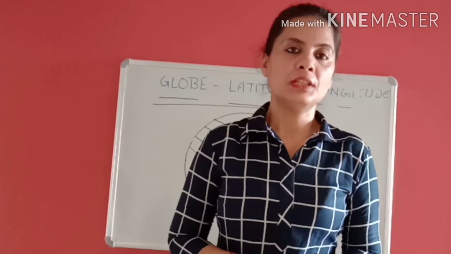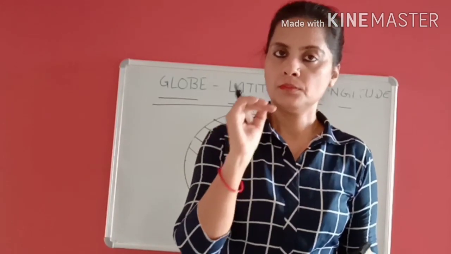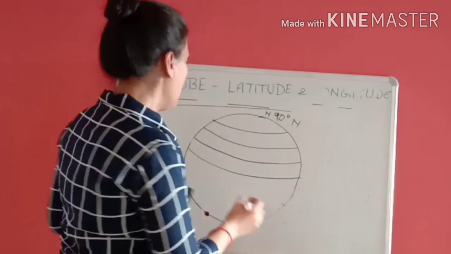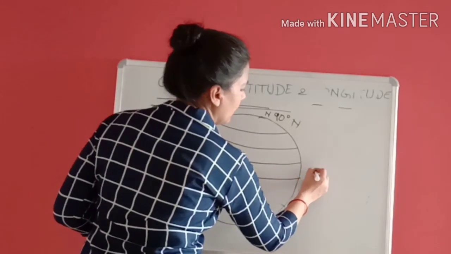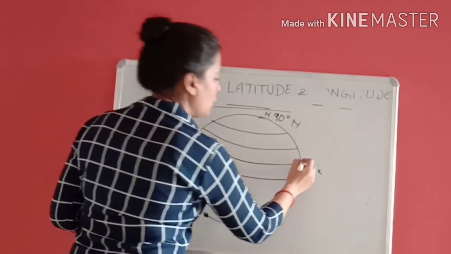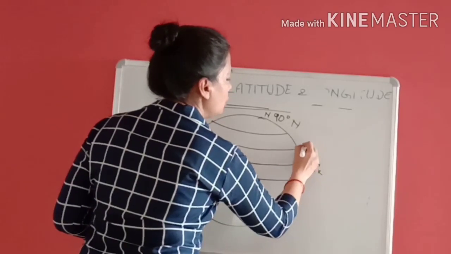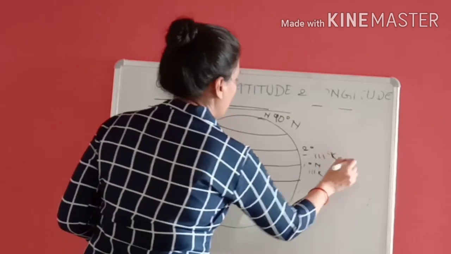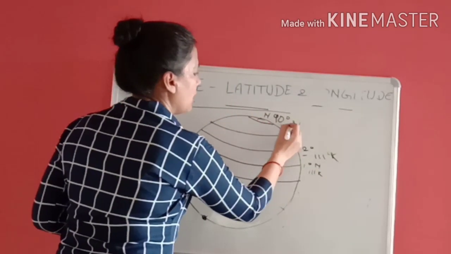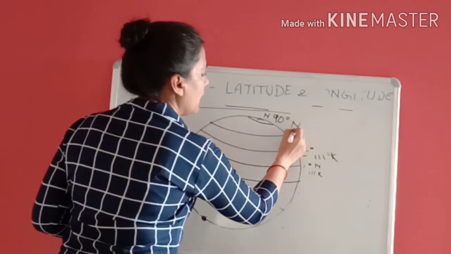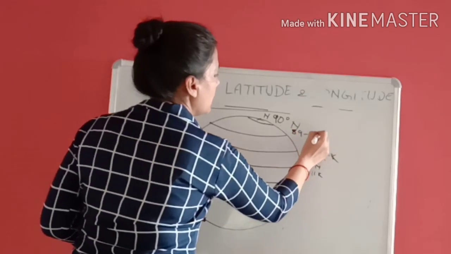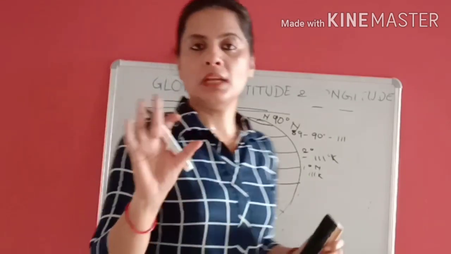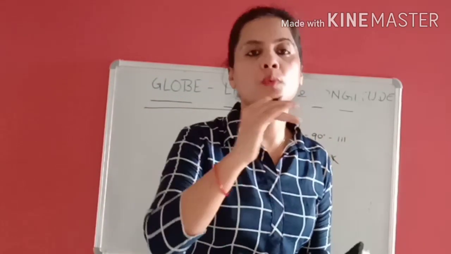Distance between two latitudes never changes. Distance between 0 degree and 1 degree latitude in the northern hemisphere is 111 kilometers. Distance between 1 degree north and 2 degree north is 111 kilometers, and so on. And the distance between 89 degree and 90 degree is 111 kilometers. The distance between two latitudes never changes all over the earth.